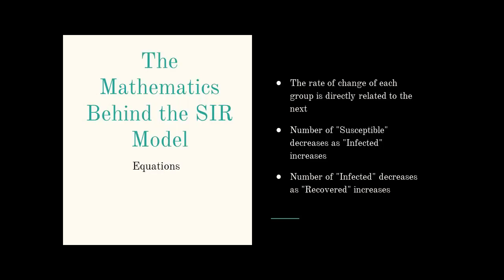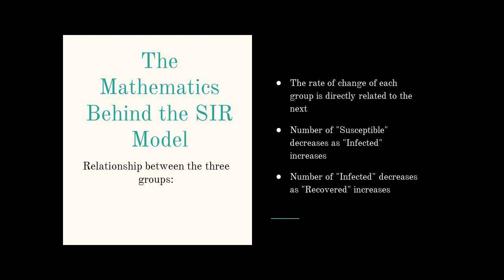To observe the change in the population, a function over time is made for each group. The rate of change of the groups are directly related. Because susceptible people become infected, the number of susceptible people decreases as the number of infected people increases.